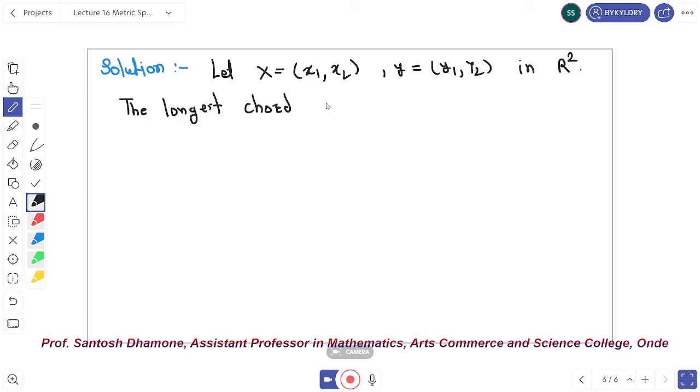This is a circle. Suppose this is the longest chord, and we know that this longest chord is a diameter. This is delta A.